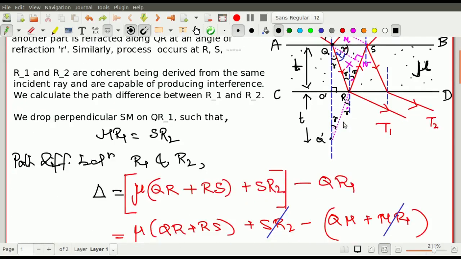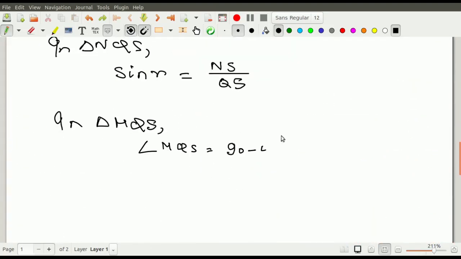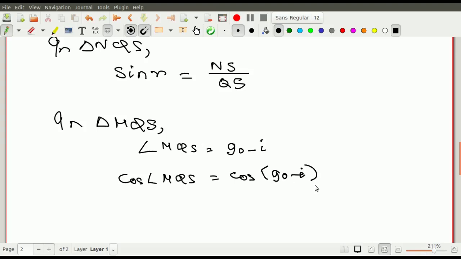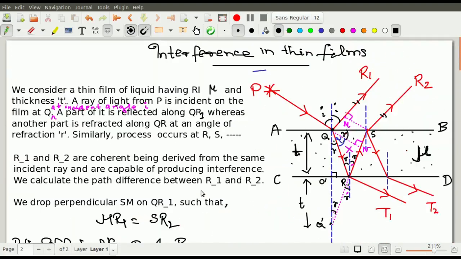Now take the cosine or sine, something. They have taken cosine here. Take the cosine of this angle. So cosine of angle MQS turns out to be cosine of 90 minus I. Okay, I write cosine of 90 minus I, and that is also equal to cos of angle MQS. Cos is base by hypotenuse.